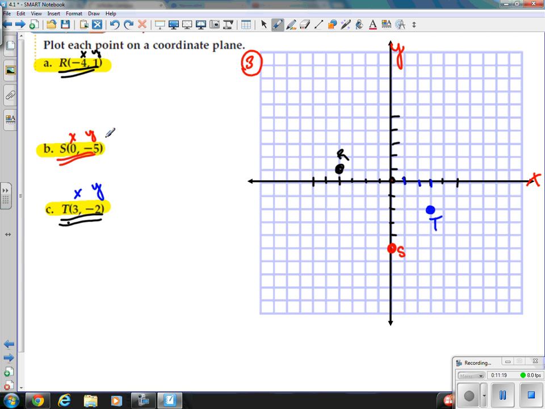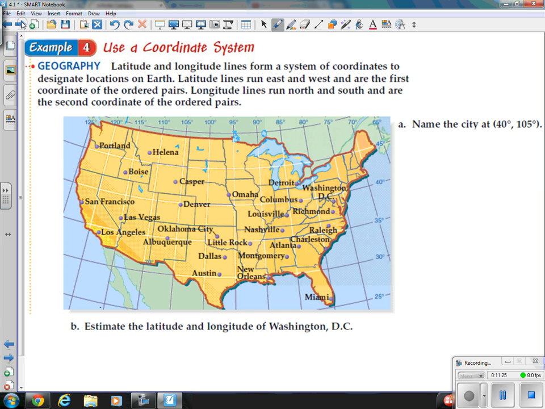Now we can take something like this example 3 and our example 2 and put it in a real world situation where we're looking at an actual map. So for a fourth example, we're given 2 parts. It says latitude and longitude lines form a system of coordinates to designate locations on Earth. Latitude lines run east to west.